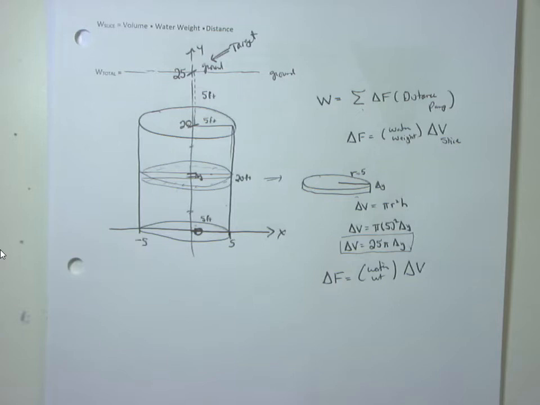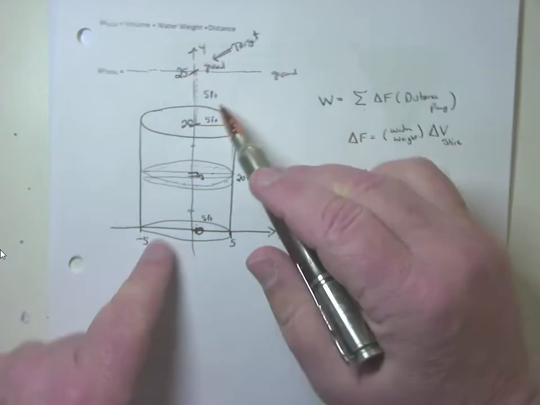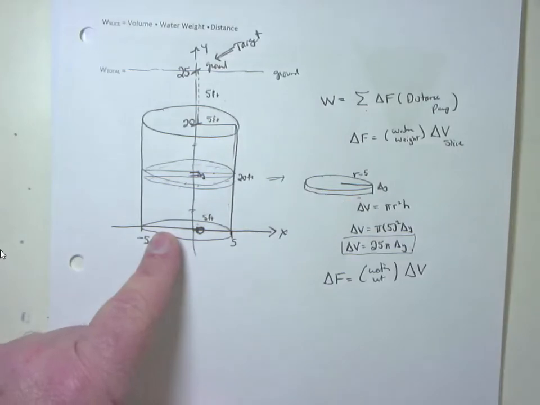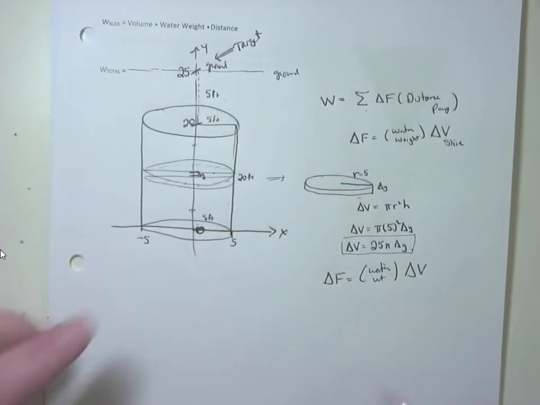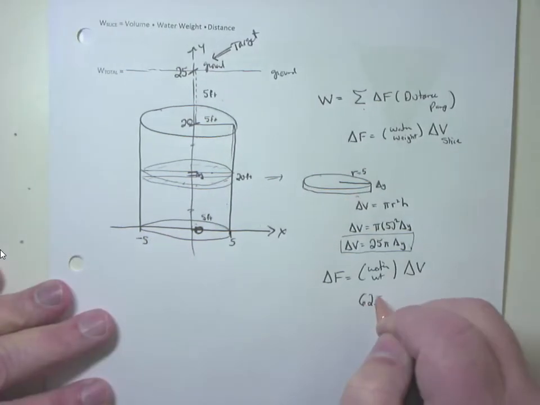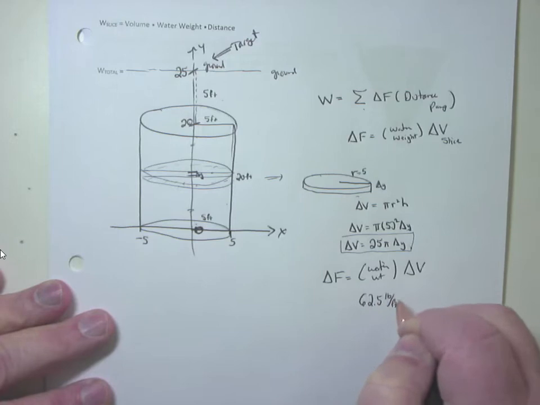There's two constants for water. It's either 9,800 newtons per meter cubed or 62.5 pounds per foot cubed. Which one are we going to use? 62.5 pounds per foot cubed, because all my units were measured in feet. So I know this is an English problem. So water weighs 62.5 pounds per foot cubed.